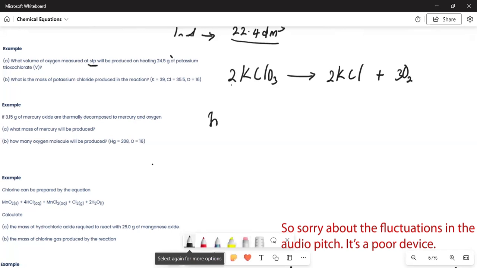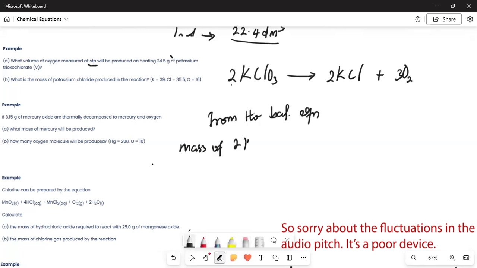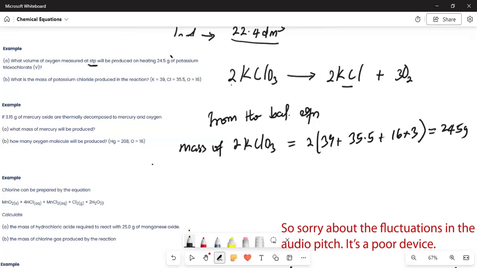So from the balanced equation, the mass of 2 moles of potassium trioxochlorate(V) is equal to 2 times 39 plus 35.5 for chlorine plus 16 times 3 for oxygen. Everything here is 245 gram. That is the mass of these 2 moles of potassium chlorate. Then we need to get the mass of this potassium chloride also.